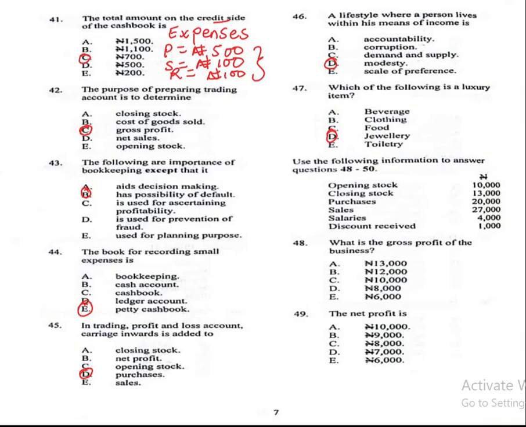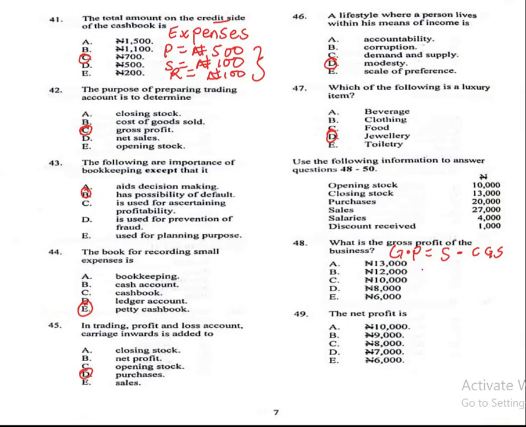First and foremost, what is the formula for calculating gross profit? Let GP represent gross profit. Gross profit is simply sales minus cost of goods sold. So, let's calculate the cost of goods sold.